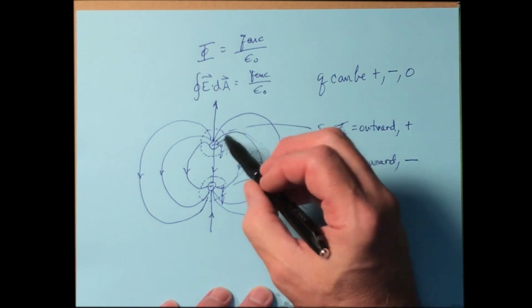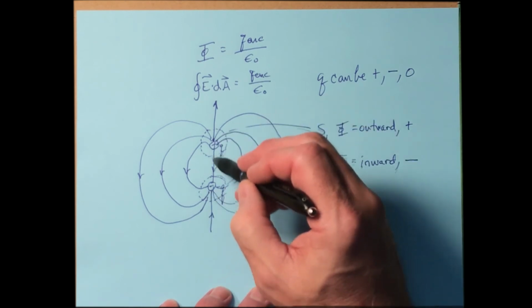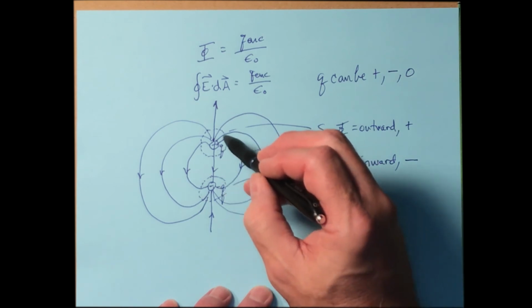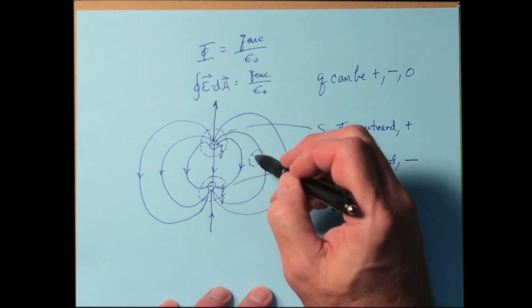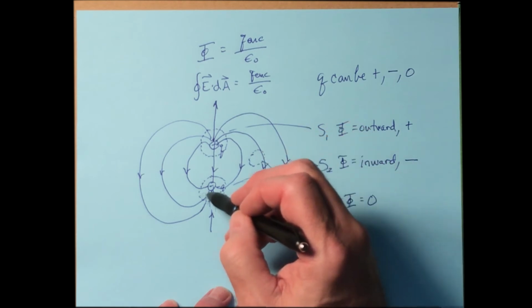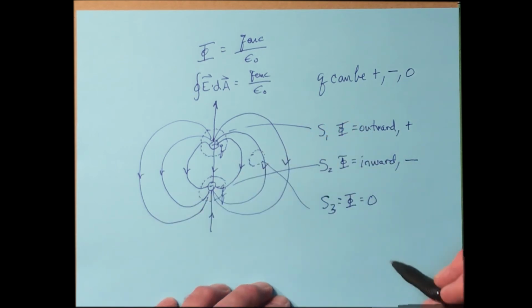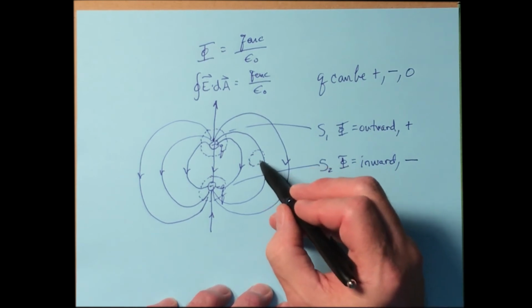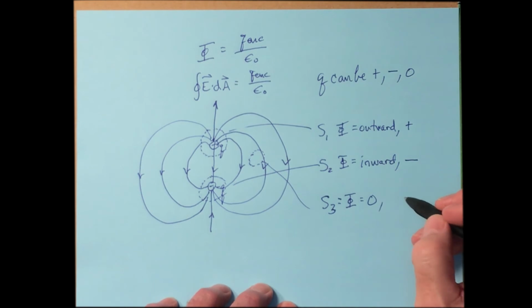Regardless of how I draw the field lines here, they're always going to go in this nice curved pattern from positive to negative. So if I draw lines going into that surface, then those same lines are coming out of the surface. So the net flux is 0. Well, what is the sign of the charge that's enclosed? Well, there is no charge. So the total enclosed charge is 0.